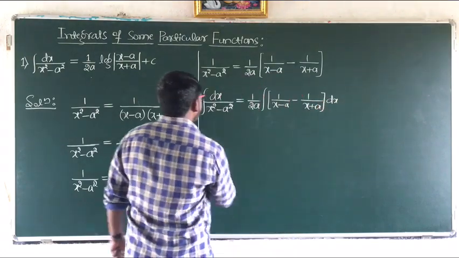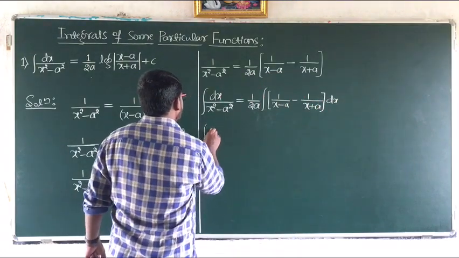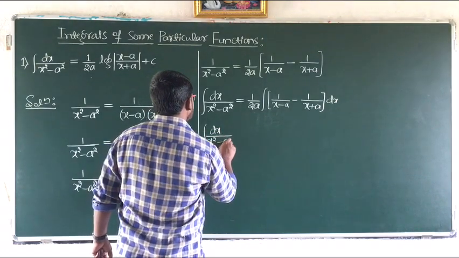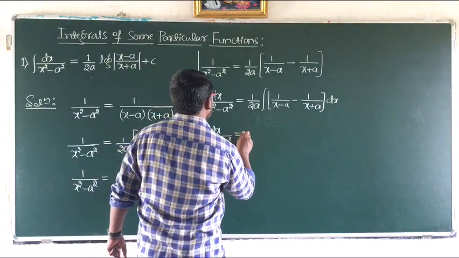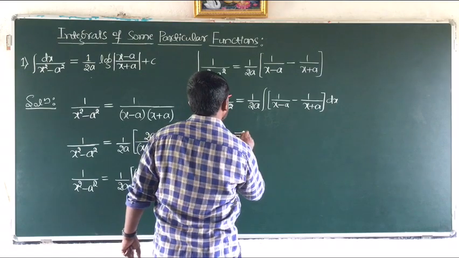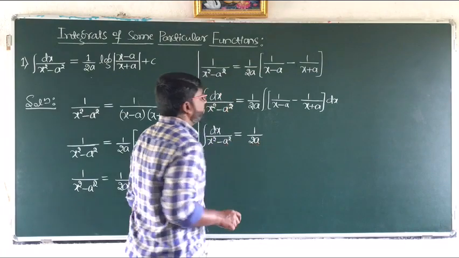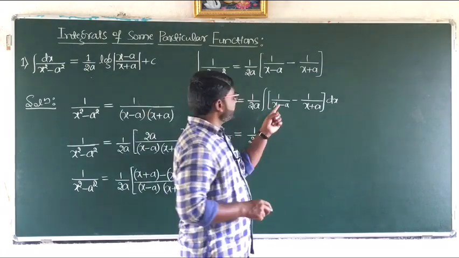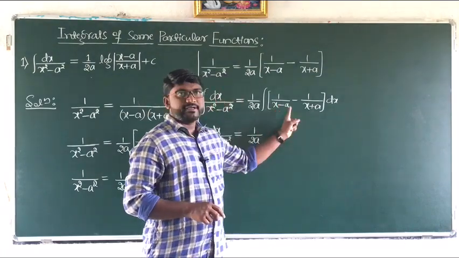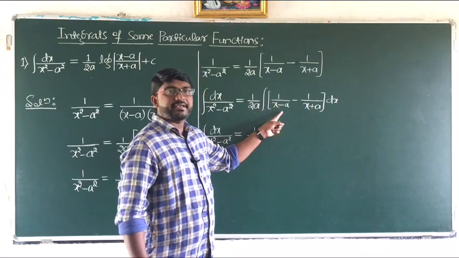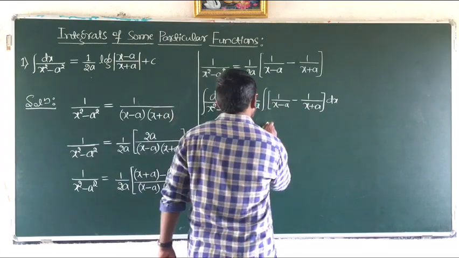Now integral dx upon x square minus a square equals 1 by 2a, and then what is the integration of these two? Integrate them separately. It is in the form of integration of 1 by x, so that will be log.